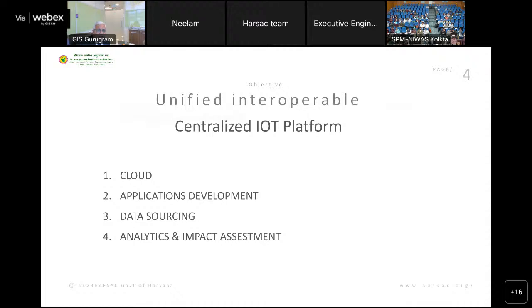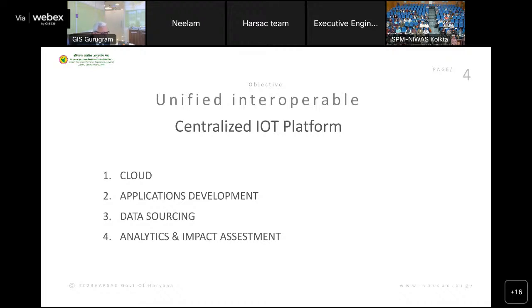So JJM and NWIC utilize a very unique concept. Probably everybody agrees that four parameters are required. First, a cloud is required, in a centralized way. Then, on top of the cloud, different types of applications need to be developed.